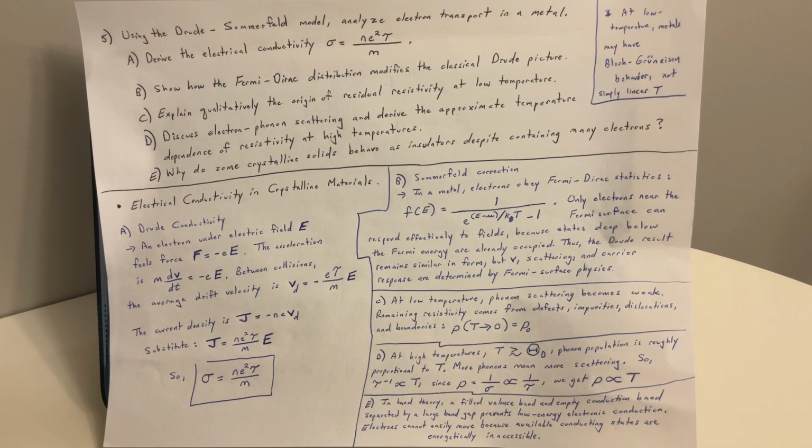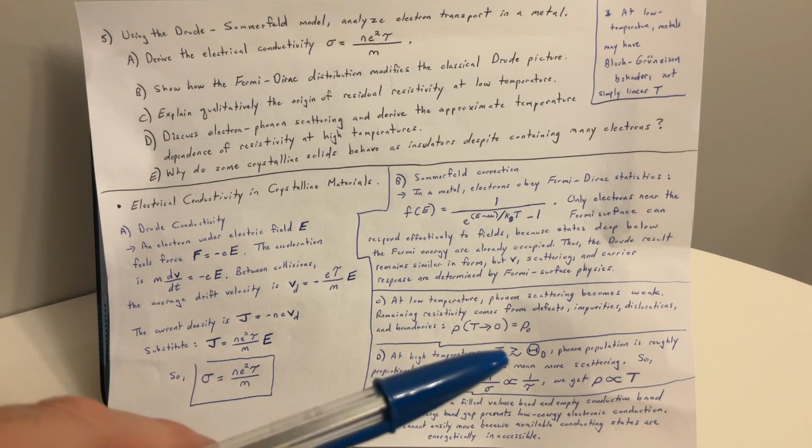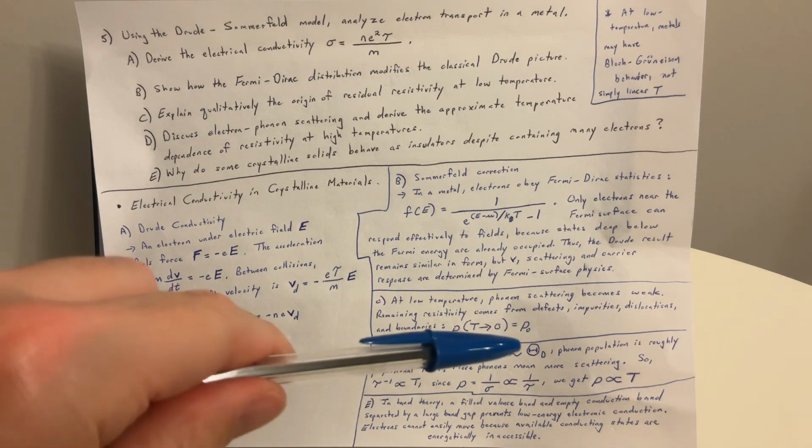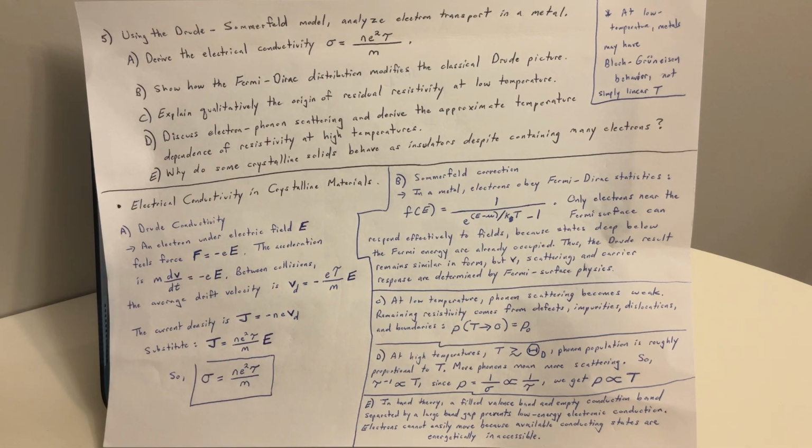At high temperatures, T is larger than or around θ sub D, and phonon population is roughly proportional to T. So more phonons mean more scattering, so 1 over τ is proportional to T. And since ρ is 1 over σ, we get ρ is proportional to T. Pardon me if I mispronounce anything.